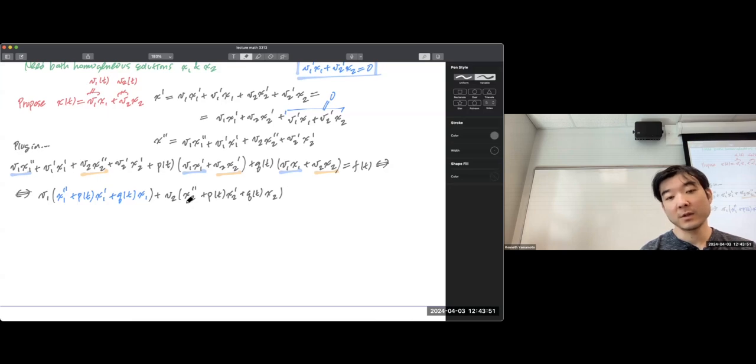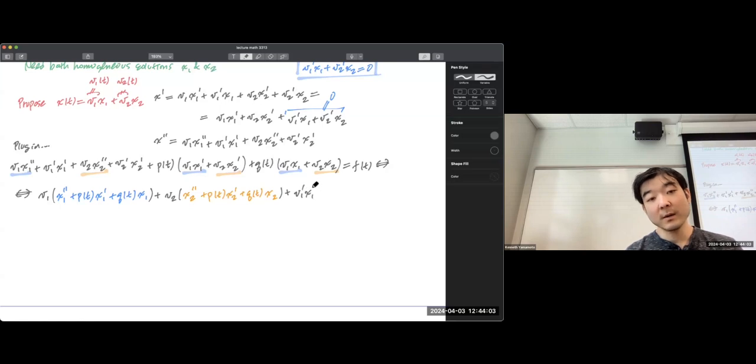And these were your orange underlined terms. Plus the rest is just the v1 prime x1 prime, and then there's this term right here, and that's it. So it's going to be plus your v2 prime x2 prime is equal to f of t. All right. So why did I do this?